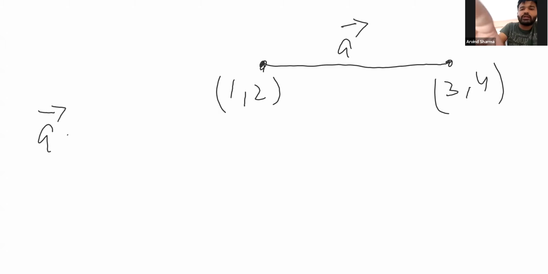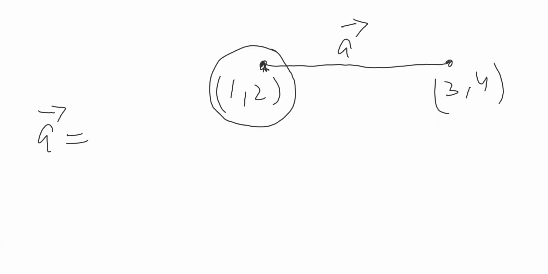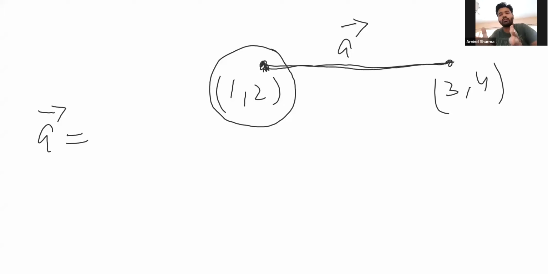How will you write the vector? Here the thing is that we are going from here to here. We are bounded now.